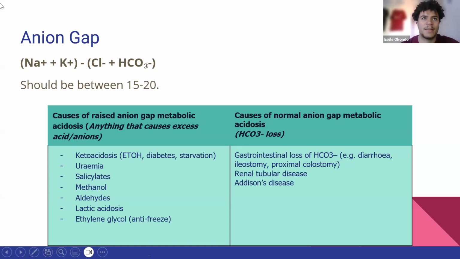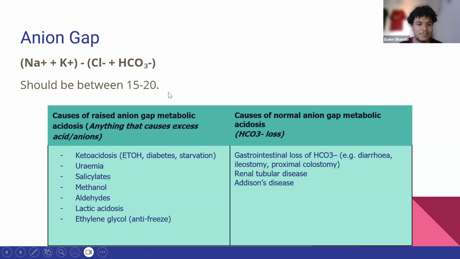And there's a variety of things, and ethylene glycol, which is antifreeze, which for some reason comes up all the time. Well, more regularly than you would have thought on past med, and in exam questions.